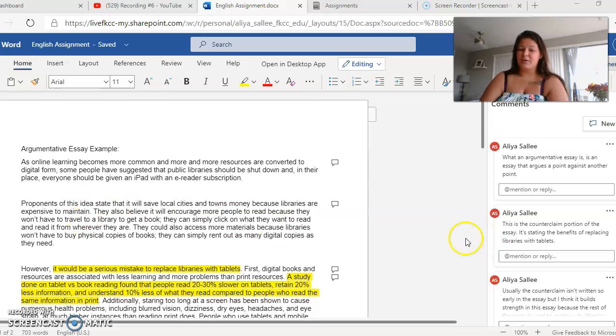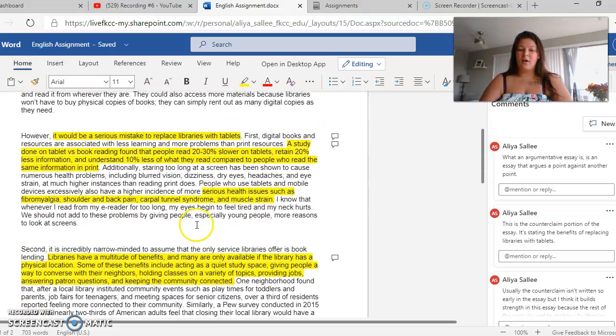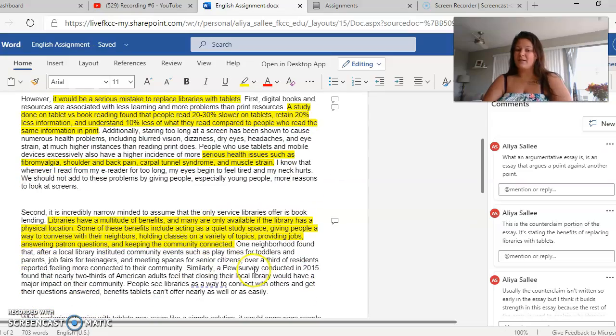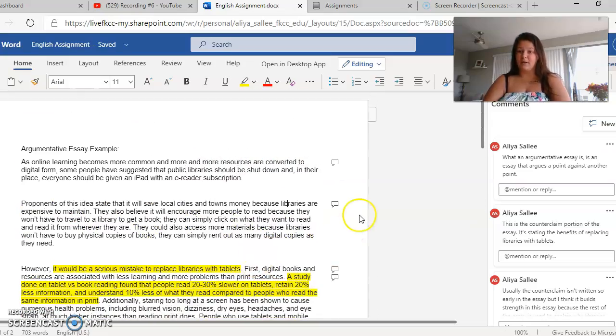The second thing I'm going to talk about that needs to be in an argumentative essay is a thesis statement. The thesis statement is right here. The topic of this essay is that it would be a serious mistake to replace libraries with tablets. And they use a lot of facts in this essay, which is another thing that needs to be in an argumentative essay.